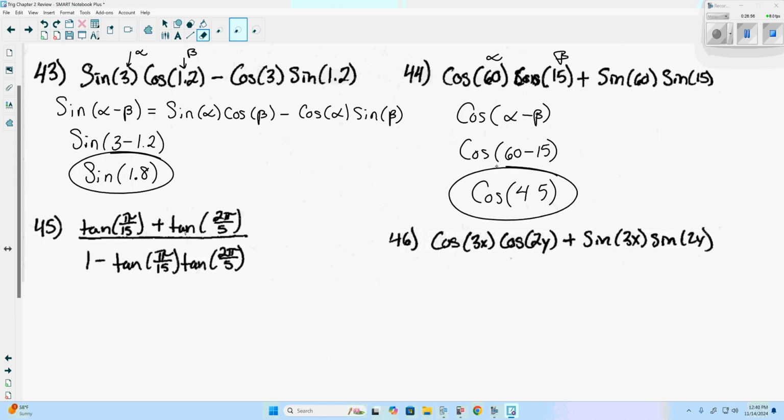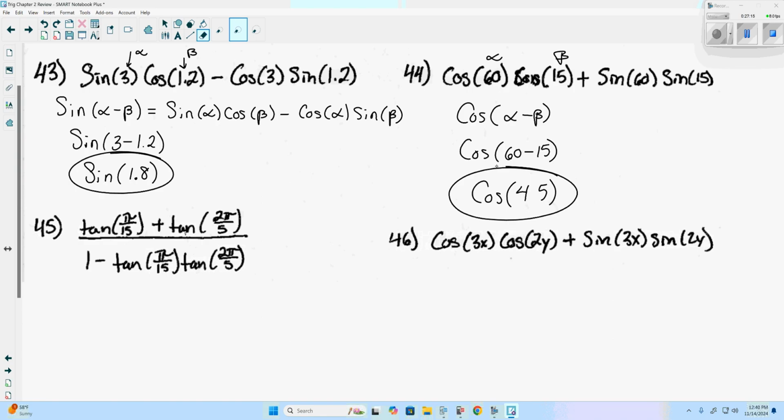And 60 minus 15 would be cosine of 45. And that's it for that one there.